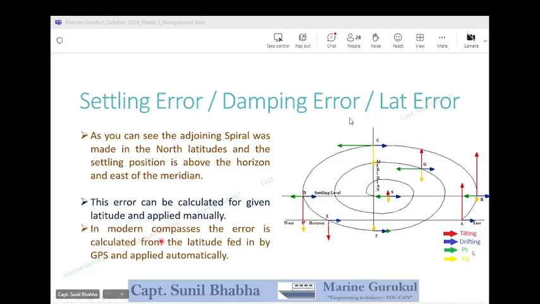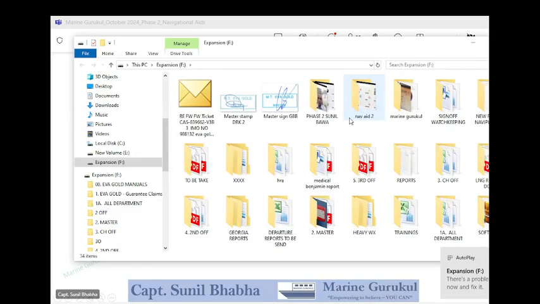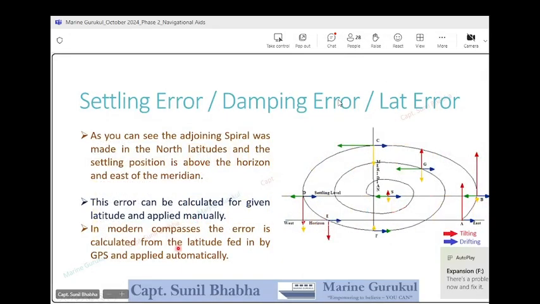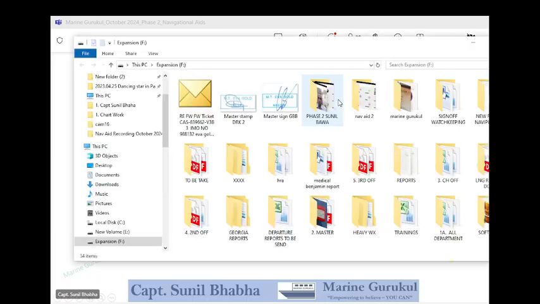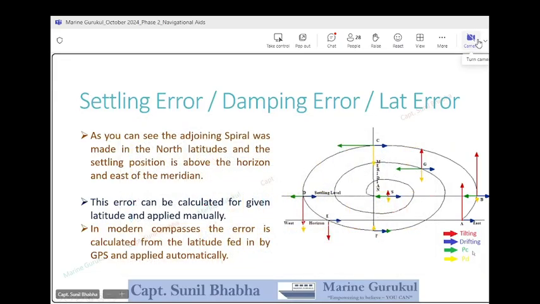However, in modern gyro compasses, the error is automatically calculated from the latitude, which is fed in by the GPS, and is applied automatically. In the old design of gyro compasses, we had two inputs going into the gyro compass. One input was for the latitude and another input was for the speed.